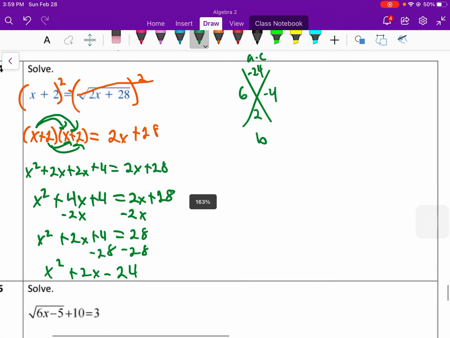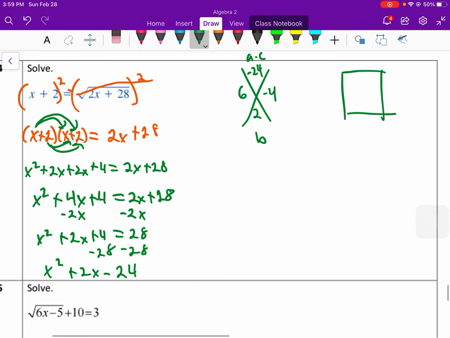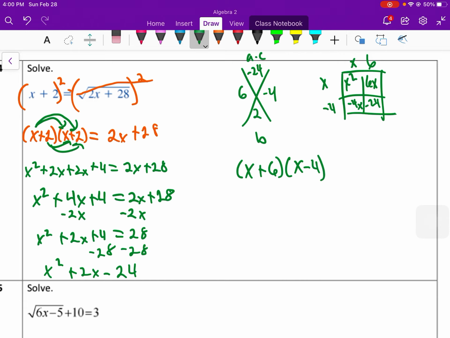Yep, that works. So then if we do the box, that'd be x squared, and then we have negative 24, and we have 6x we'll put there, negative 4x. So negative 4x, x, and 6. So that, I'm going to put it up here. Factors to x plus 6 and x minus 4 equals 0.